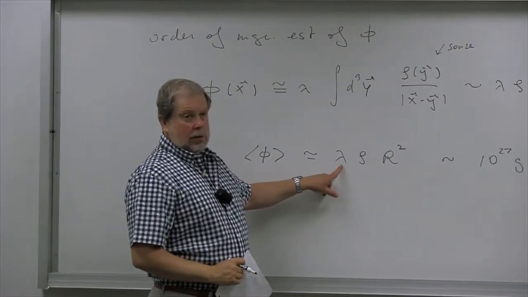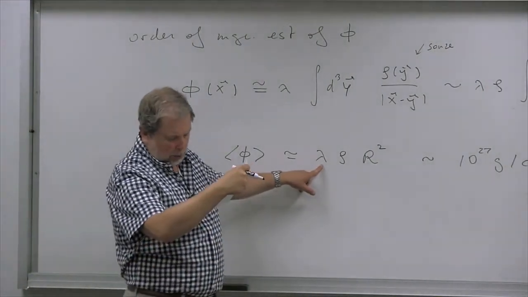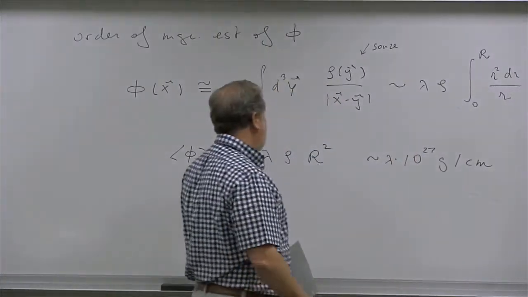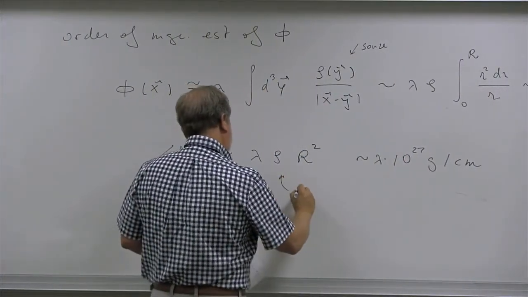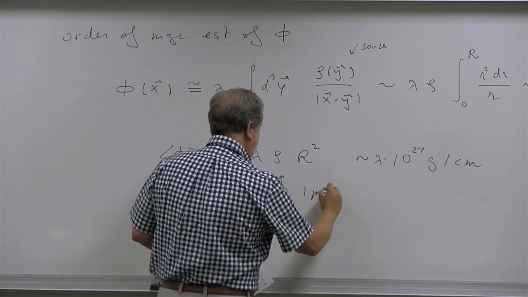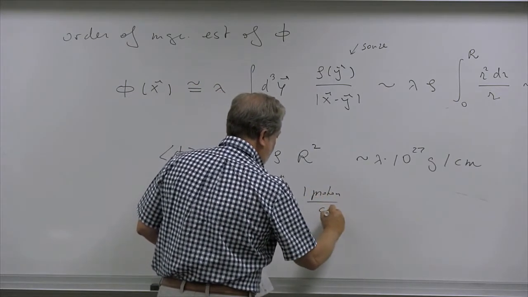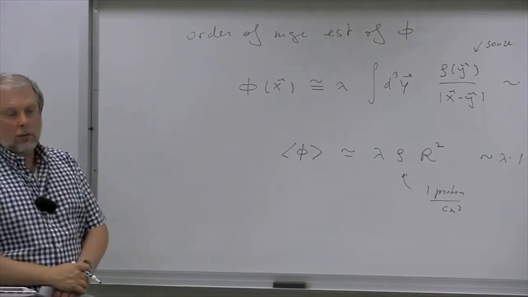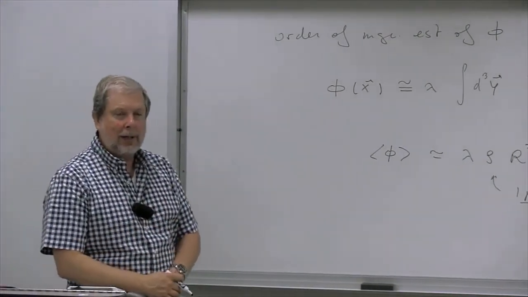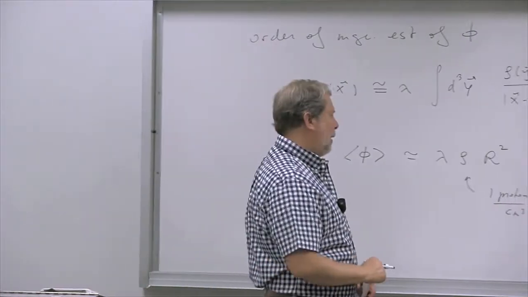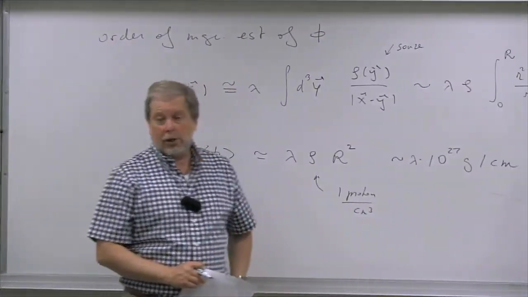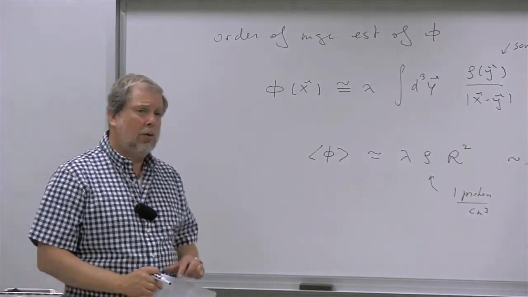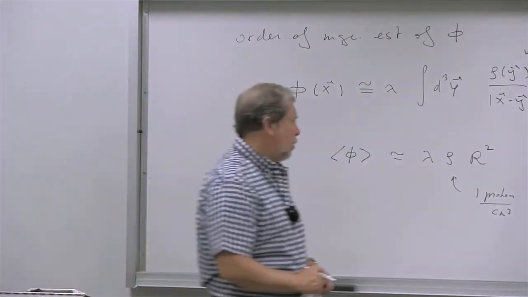Well, because lambda is supposed to be of order 1. The rho is about 1 proton per centimeter cubed. I mean, the density in the universe is known to within a few orders of magnitude, which is not that particularly important at this stage. We know that the average density in the universe is roughly 1 proton mass per centimeter cubed, give or take a few orders of magnitude.